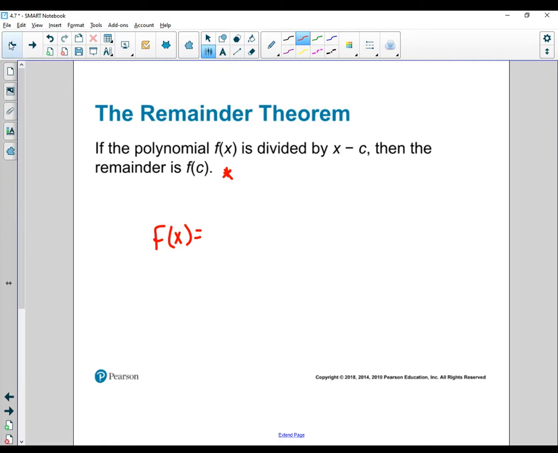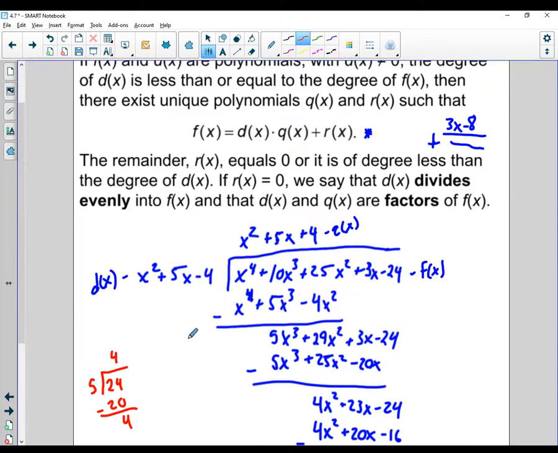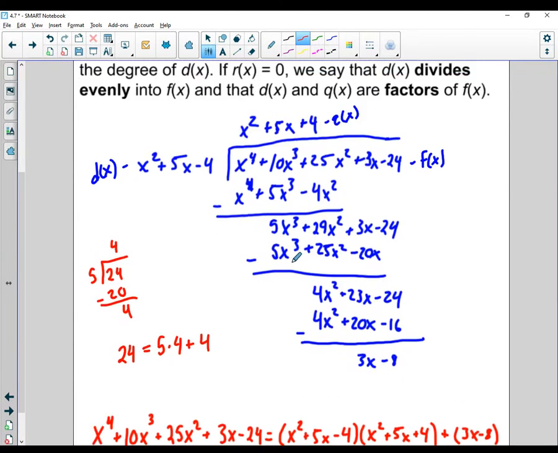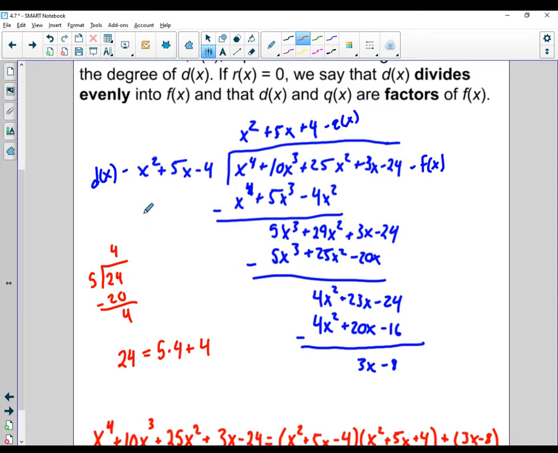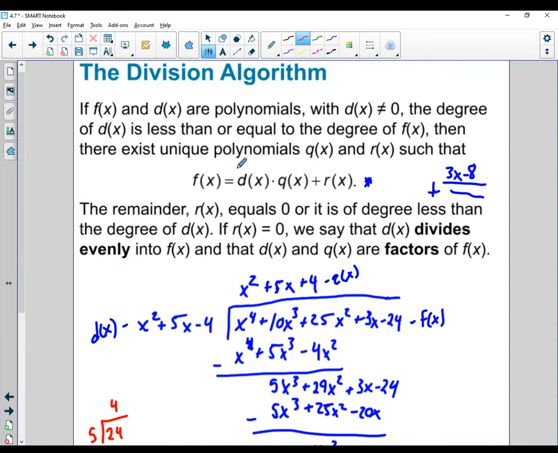If we divide something, we spit out two polynomials, this polynomial times this polynomial plus a remainder. That's what the whole point of this was. If you divide a polynomial by another polynomial, you get that polynomial times another one plus some remainder.